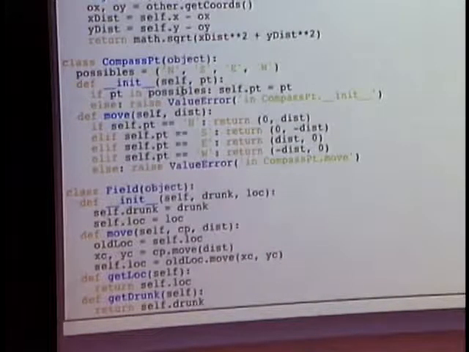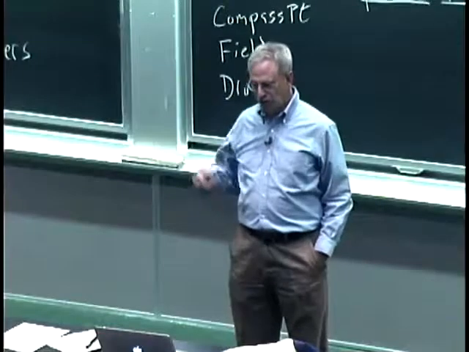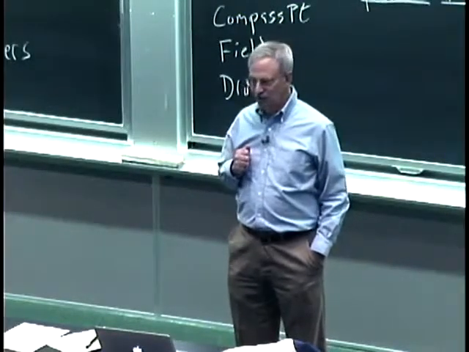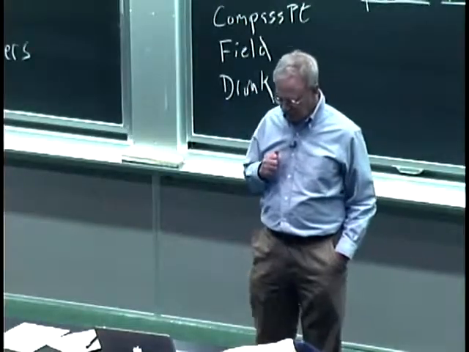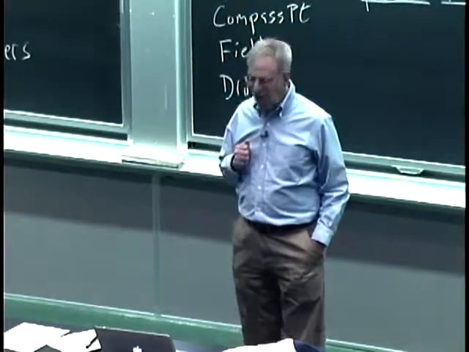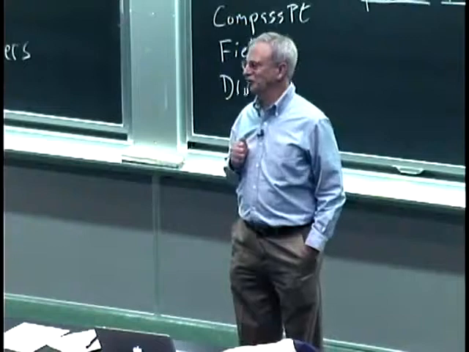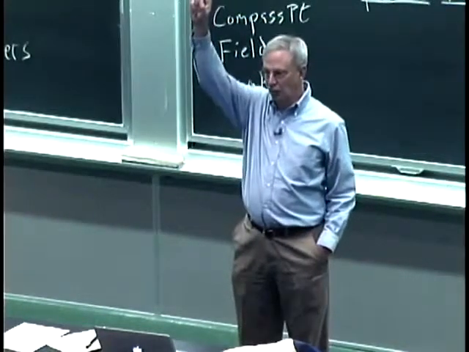And then I've got move here. And I'll move self some distance. And you can see what I'm doing. If self is north, I'm going to return 0 and distance. So I'm now getting a tuple, which will basically be used to say, all right, we're going to increment x by 0 and y by distance, which is what you think of about moving due north.